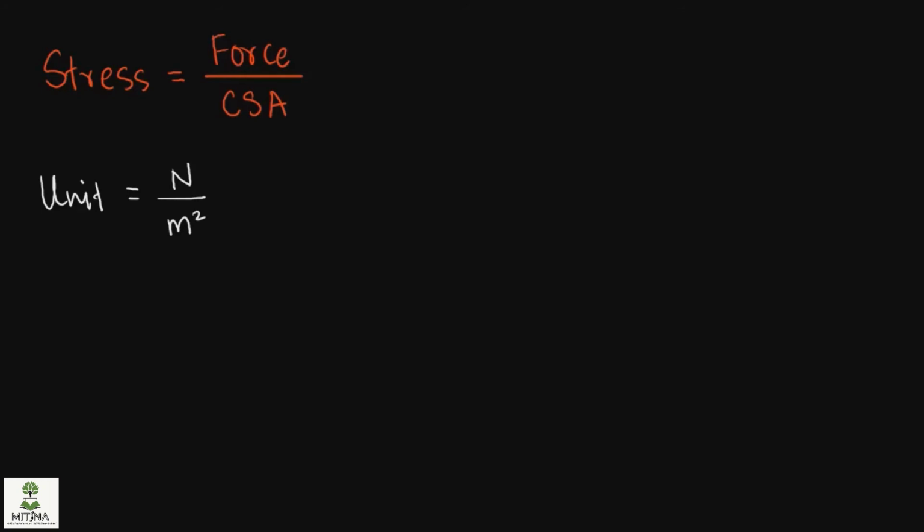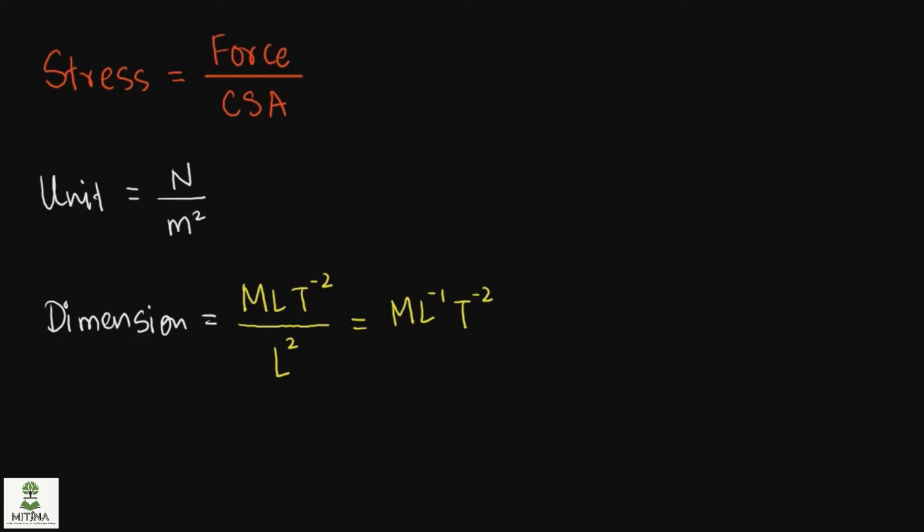Now the dimension of force is mLT to the power minus 2, divided by the dimension for length, which is L, and it is square for area. So the dimension comes out to be mL to the power minus 1 T to the power minus 2. These are the units and dimensions of stress.